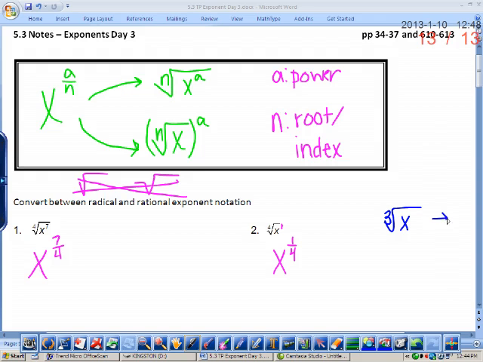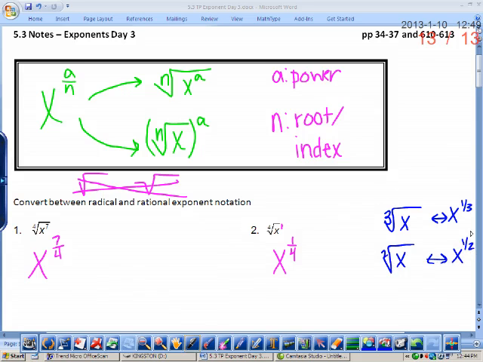Yeah, that's the exact same as x to the 1/3 power. What about the square root of x? Yeah, what number is implied here? 2. So it's a square root. So that means the exact same thing as x to the 1/2 power.